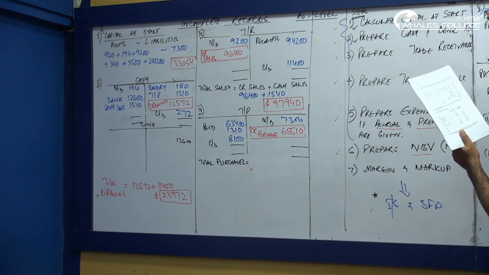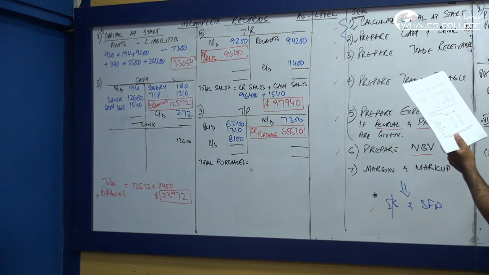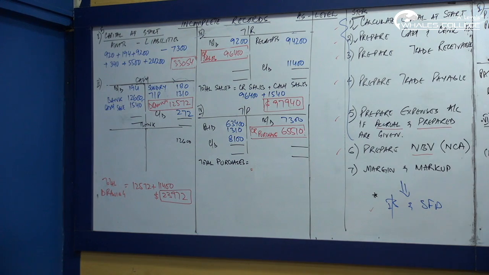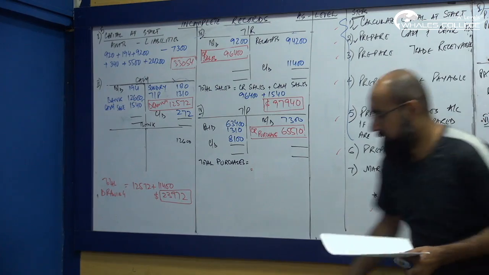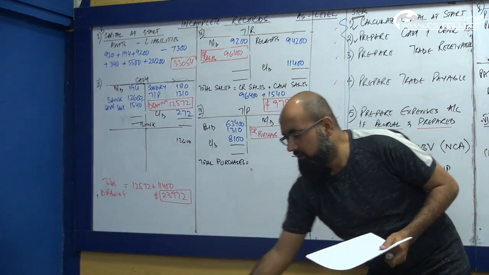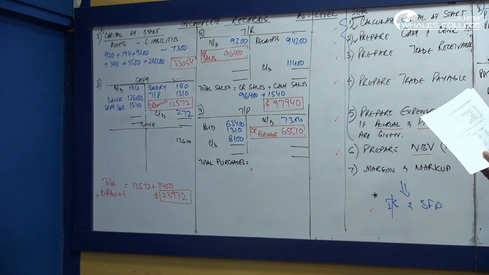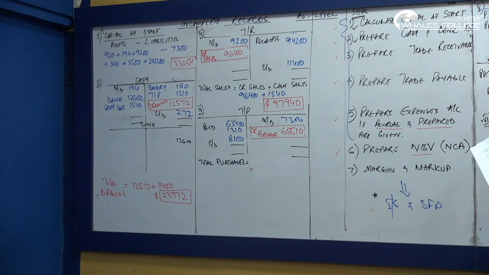Go to the bank, look at the payment 1900. Add the greater side, subtract the shorter side, you will get the figure. 340 plus 1900 minus 400 gives 1840. This is 1840.